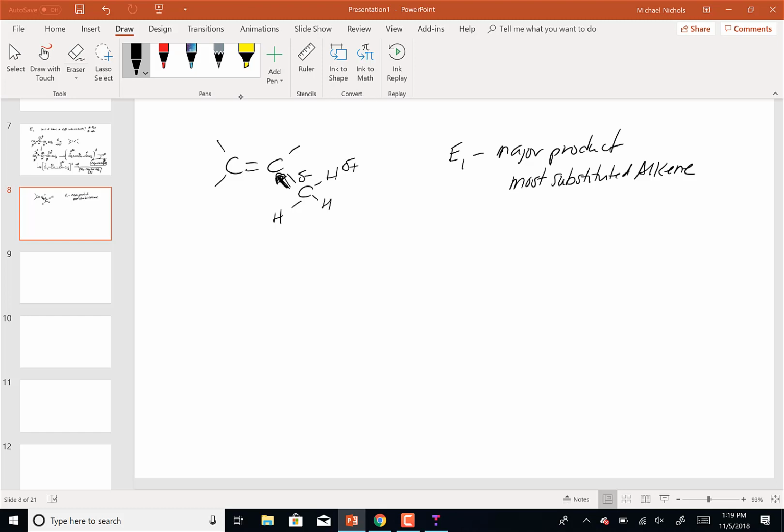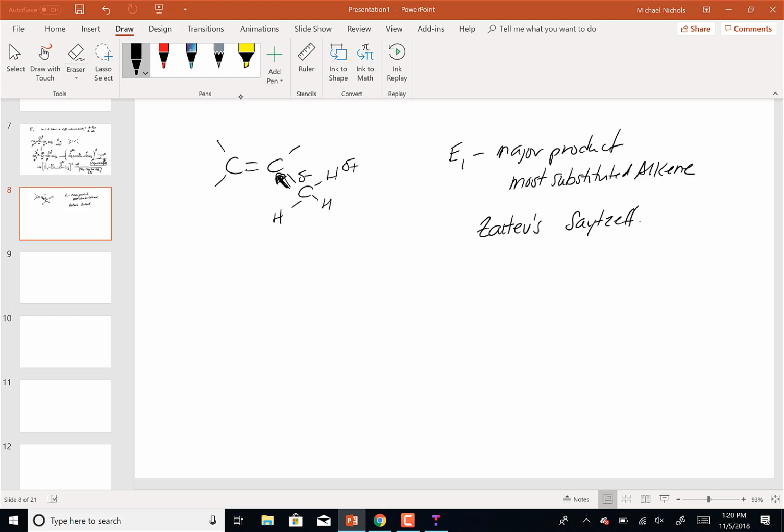And that's before we knew about carbocations, and probably even before they knew about hybridization of carbon. That was actually a rule, and it's a rule from a Russian chemist. I believe, I don't know how they spell it in the book. Saytsev, sometimes Saytzeff.